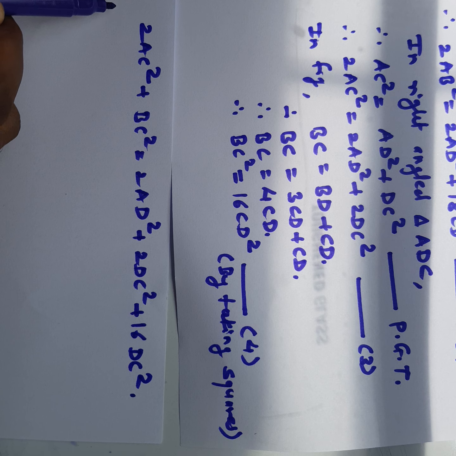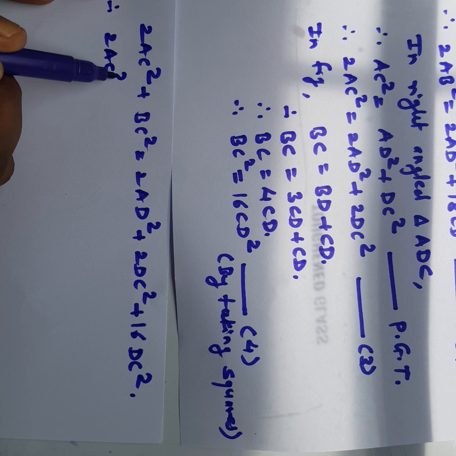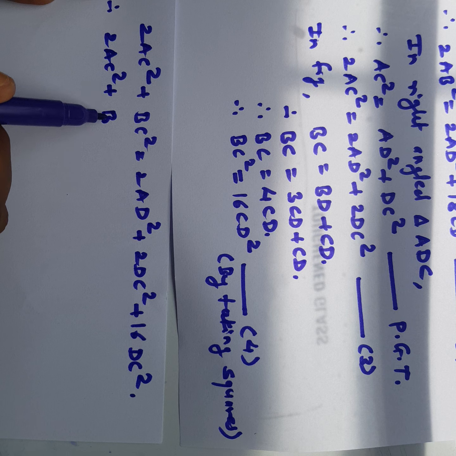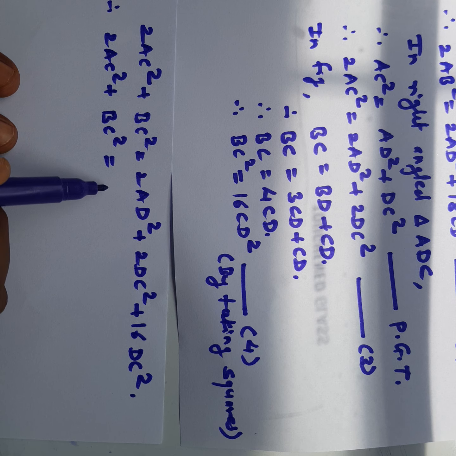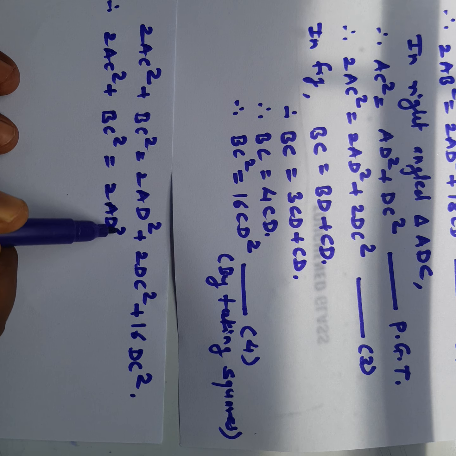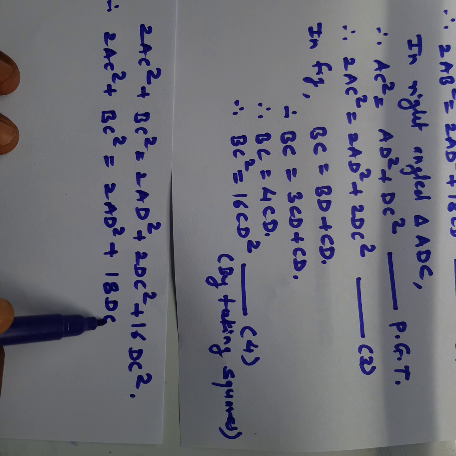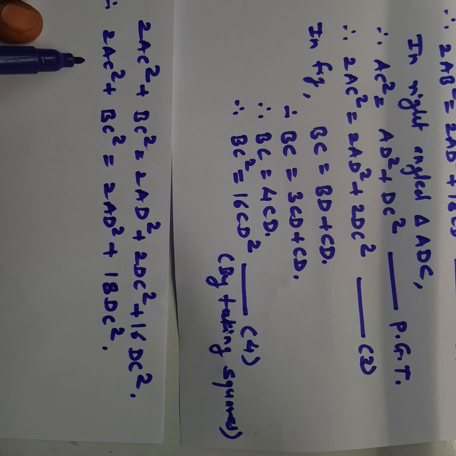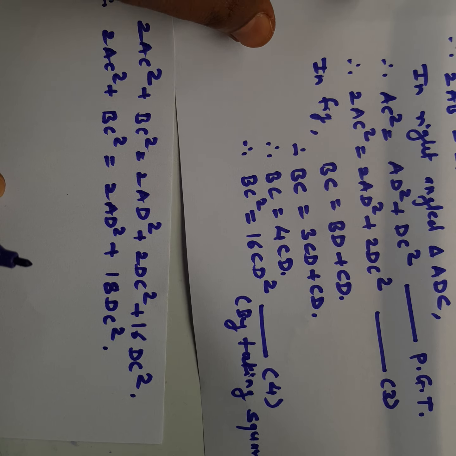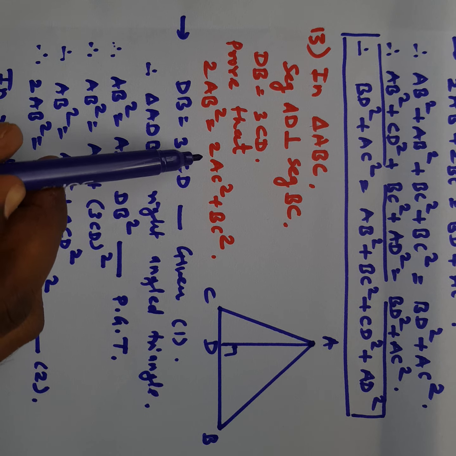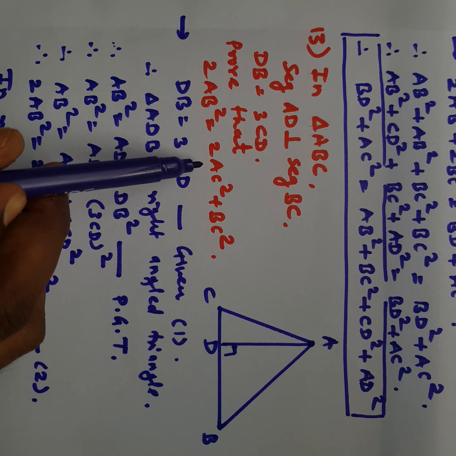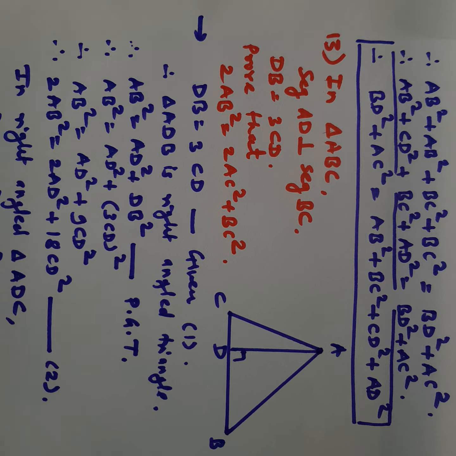Therefore 2AC square plus BC square is equal to 2AD square plus 16 plus 2, that is 18 DC square. Here 2AC square plus BC square is the right hand side of our proof.